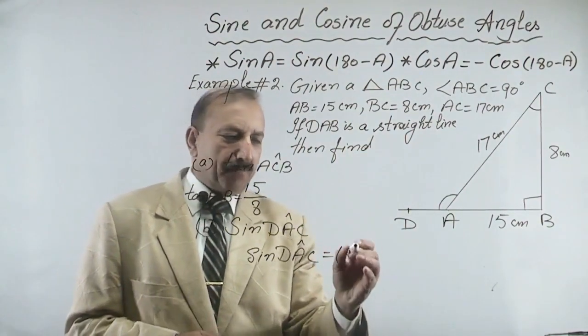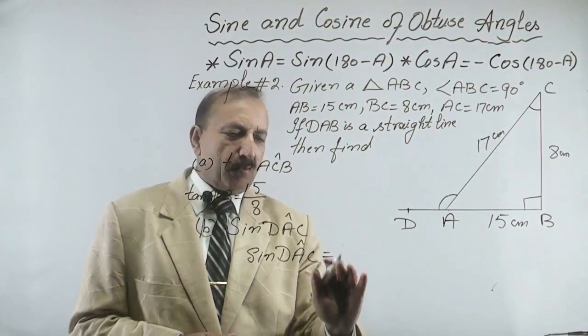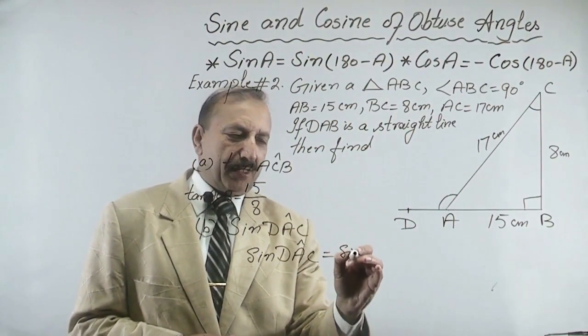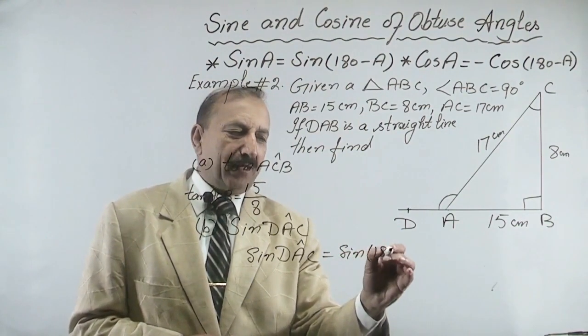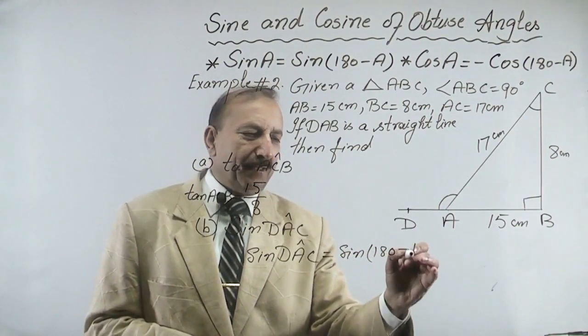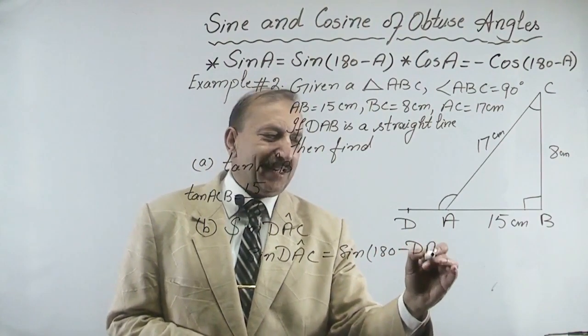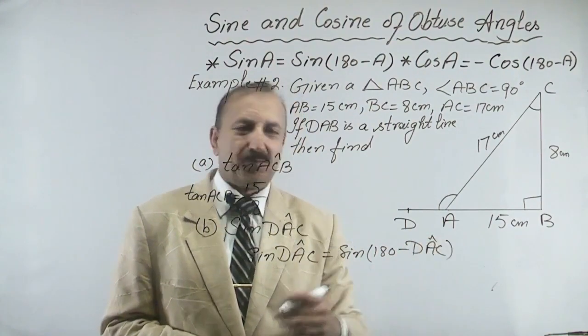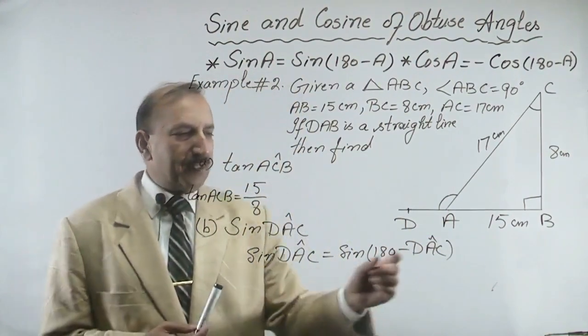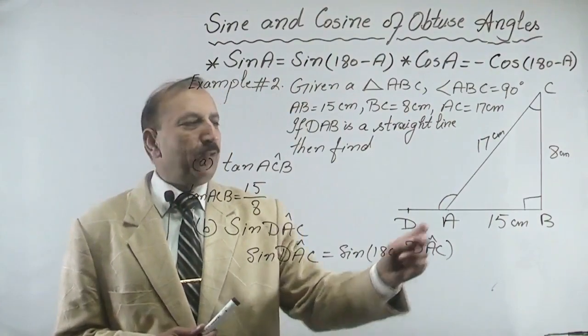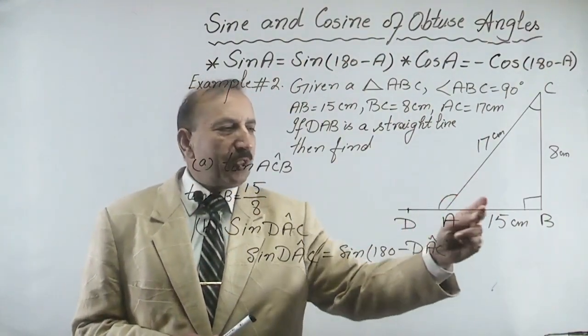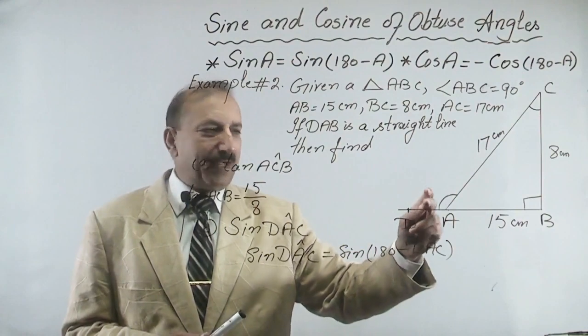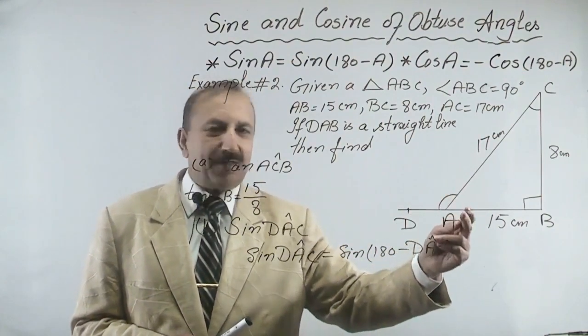We can write it in the form of sine of 180 minus DAC angle. So when we subtract this angle from 180, if we look at this picture, this total is a straight line. At the point A, we have total angle 180.